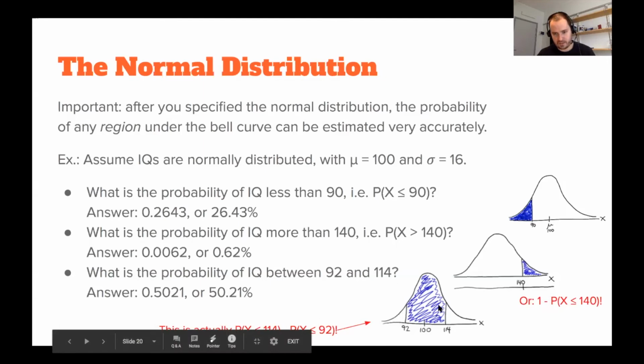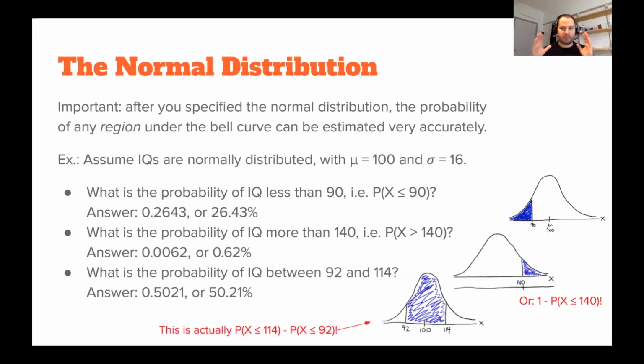So it's the entire region minus this region here, and then you get the actual region in the center. But this is just curiosity for you guys, just so you understand that every probability in a normal distribution is computed cumulative, always. And then the computer or whoever does that has to do this little math in order to determine that.